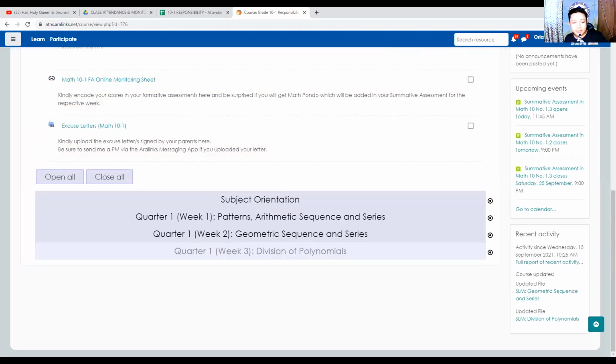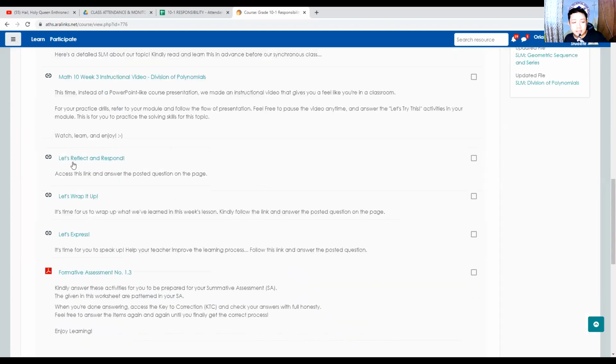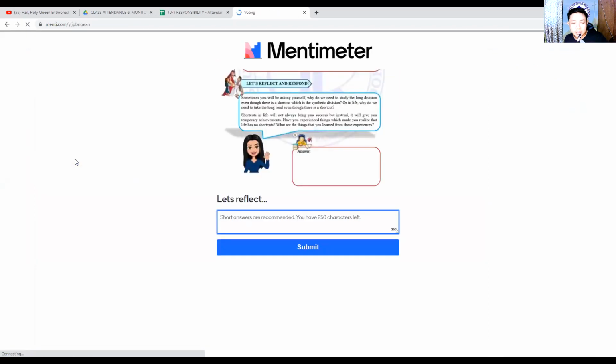We are now here in week 3, division of polynomials. These are the links. Please click these links, and you will be led to this. You have here the questions for reflection, and then just type your answers here. Please answer all of these, and don't forget to type your name and your section.